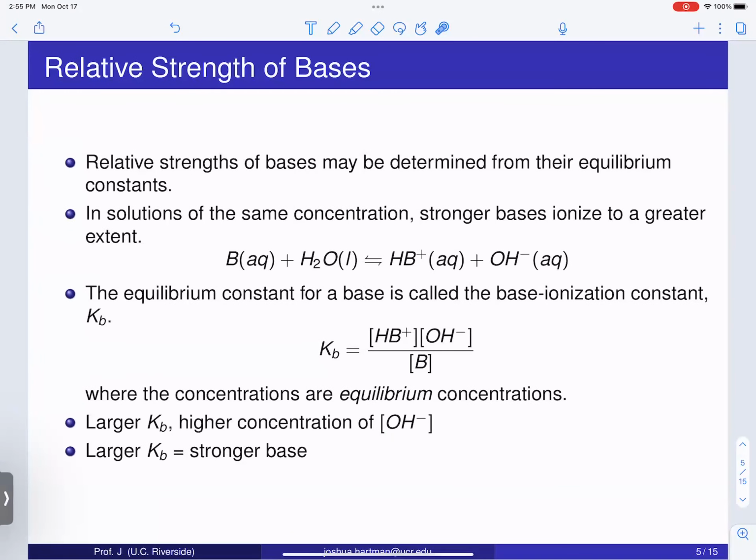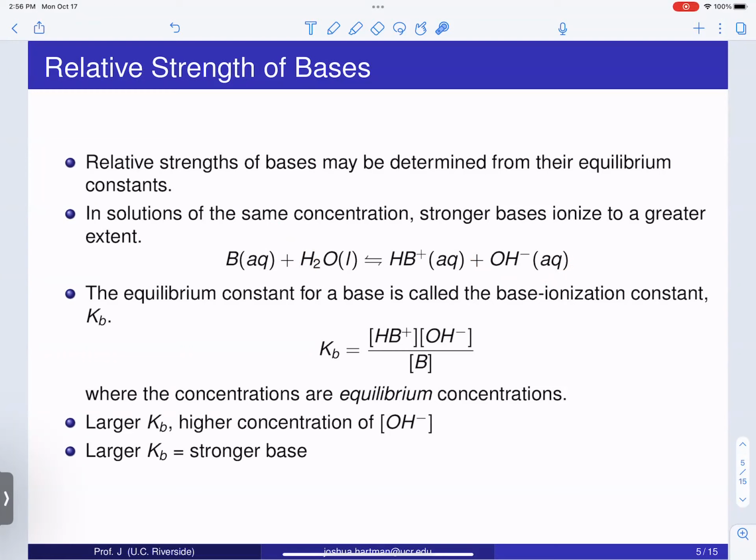The same sort of logic can be used to explore the relative strength of bases. So the relative strength of a base can be determined by the equilibrium constants again, although now what we're going to be looking at is some generic base placed in aqueous solution grabbing a proton from water, forming the conjugate acid, and resulting in an increase in the OH minus concentration.